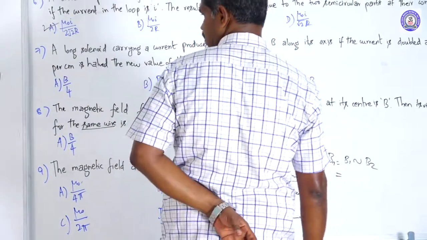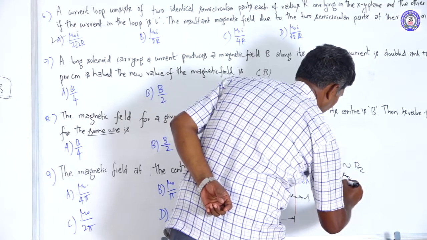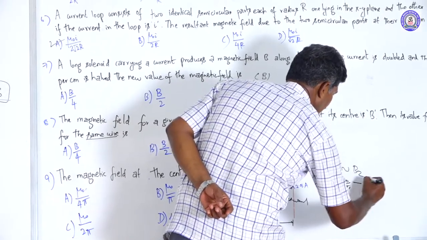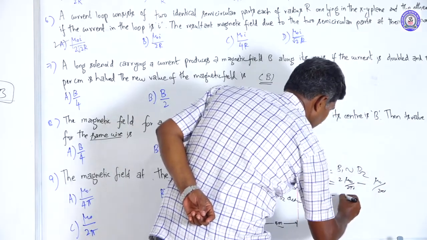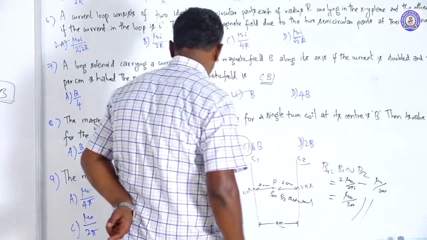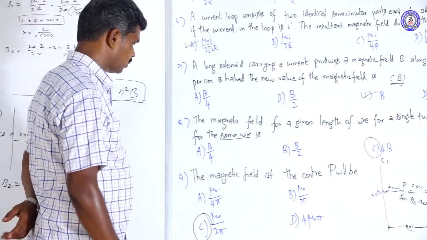B1 value is 2 into mu naught by 2 pi, minus B2, that is minus mu naught by 2 pi. We will get mu naught by 2 pi as our answer.